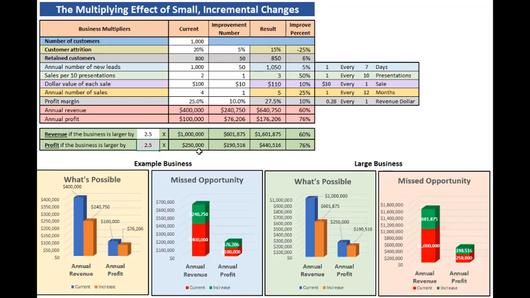And the profits would increase by 76%, from $250,000 to $440,516, or an additional $190,516.